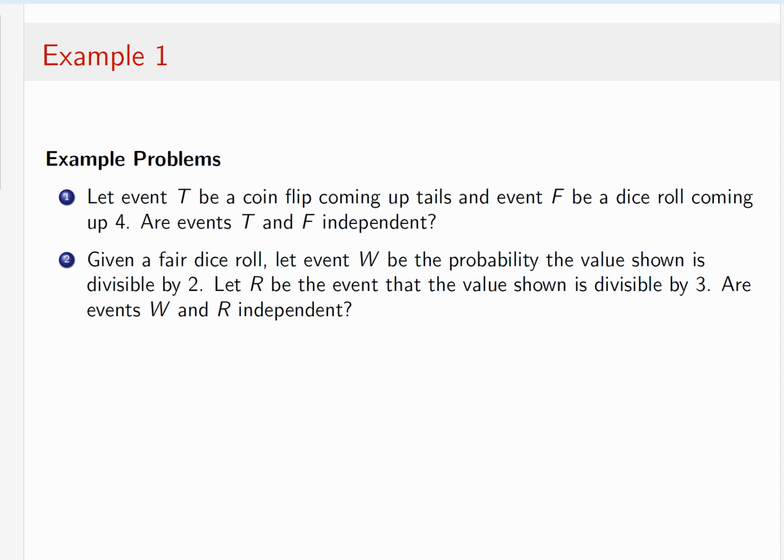But so we have example 1 here. We have a coin flip coming up tails and a dice roll coming up 4. Are events T and F independent? And what this comes down to is the intersection of T and F. I think it's pretty clear just intuitively that these should be independent.